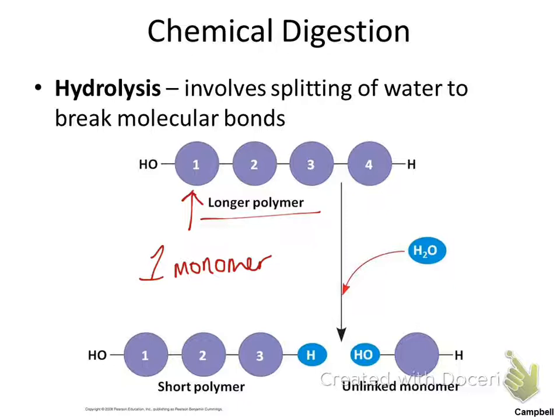We have to use water to help us stabilize the ends that we just cut apart. So we split water, that's why it's called hydrolysis, right? Because hydro means water, lysis means splitting, so that it can cap off the ends of the new molecules that we just created. You guys with me so far? Okay. Questions?